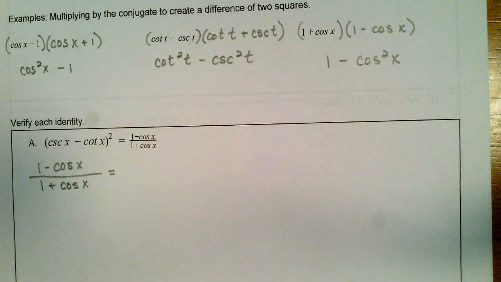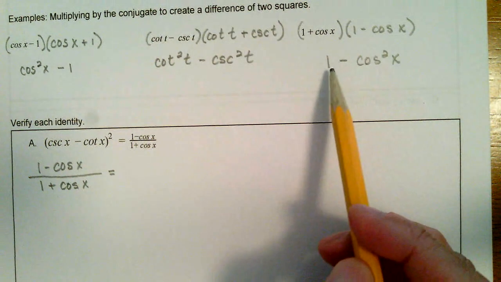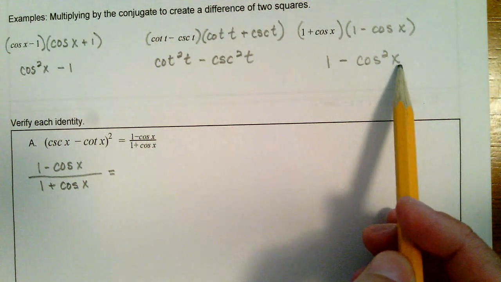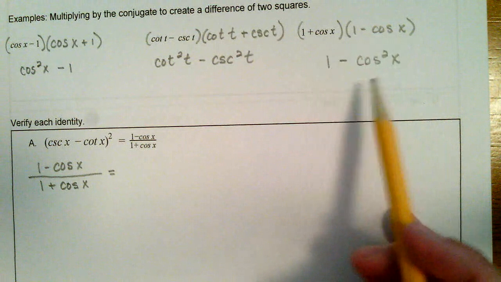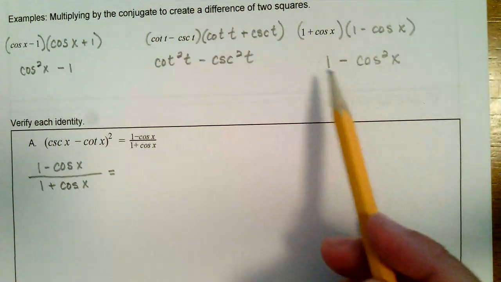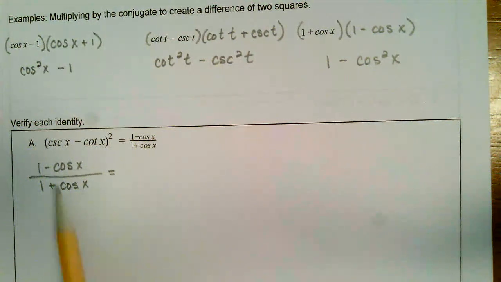And my trick is I am going to try to multiply by the conjugate, because I also know if I multiply by the conjugate, I did this up here, I'm going to get 1 minus cosine squared of x, and hopefully you are starting to recognize that as sine squared of x. Okay, so having one function squared is actually going to be more simple than 1 plus another function.